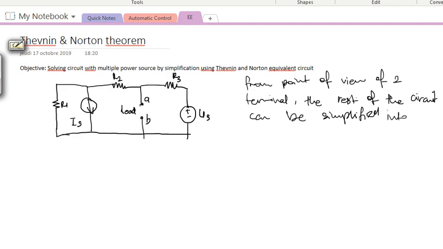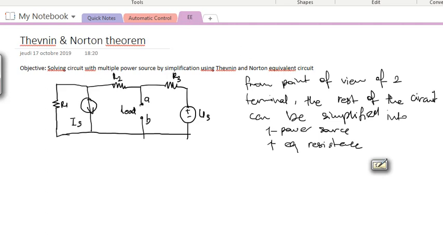The whole circuit, the two power supplies and all the resistances, can be simplified into only two components: one power source and one equivalent resistance. So no matter how big your circuit is, at the end it can always be simplified into only one power source and only one equivalent resistance.